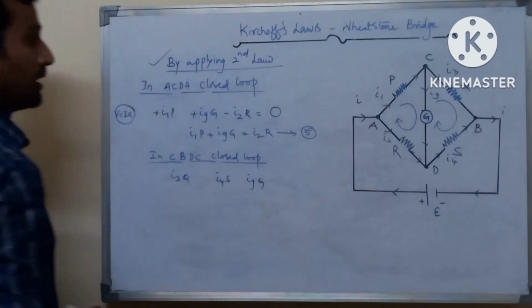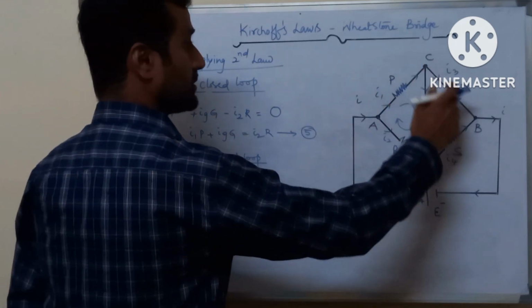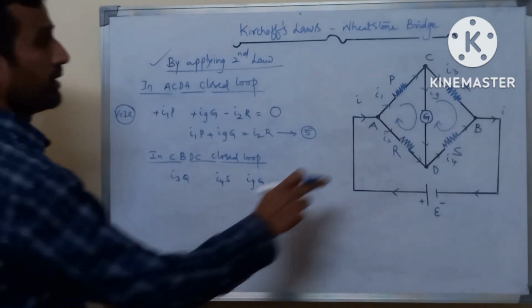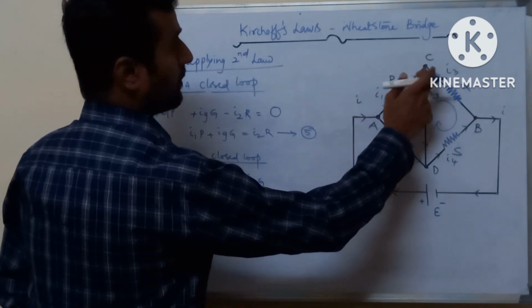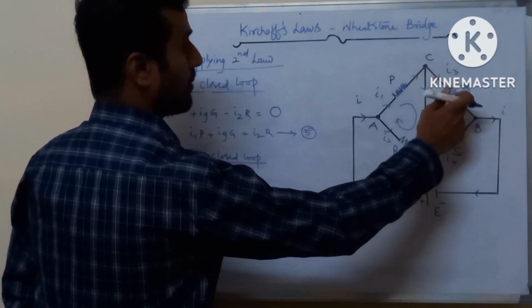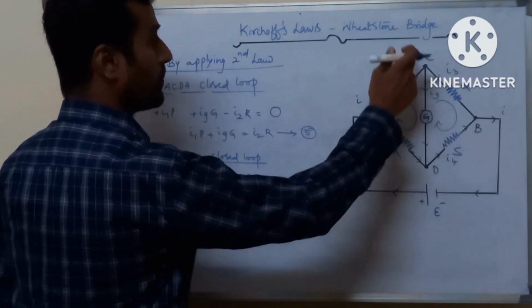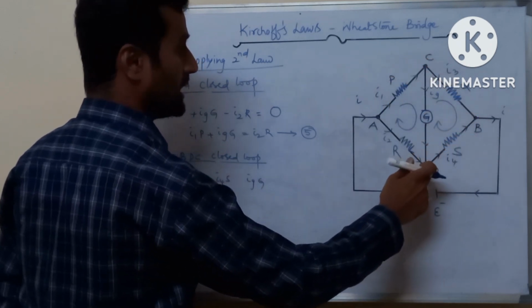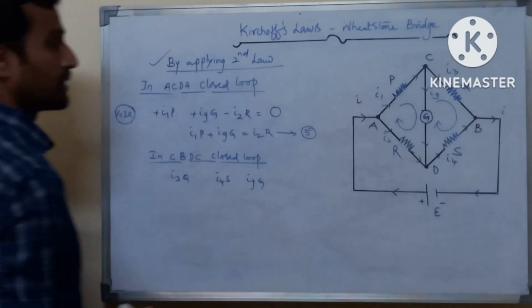We have to take the sign convention here. We calculate the potential drop across the closed loop from C to B, B to D, and D to C.